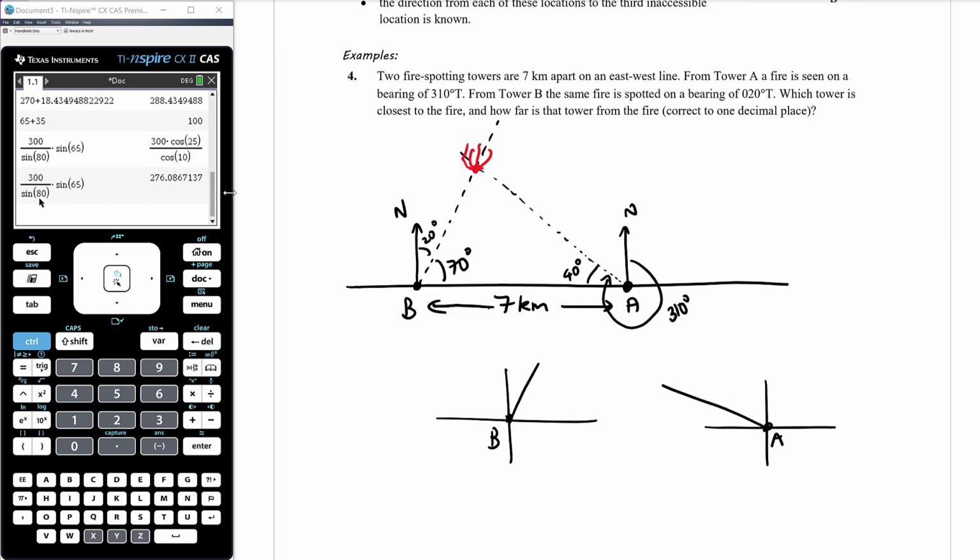Okay, so we want to know which tower is closer to the fire and how far is that tower from the fire. Okay, so we can see from having drawn a vaguely accurate diagram that this 20 degree bearing here is going to mean that that tower is closer to the fire. Okay, so we can see that Tower B is closer to the fire.